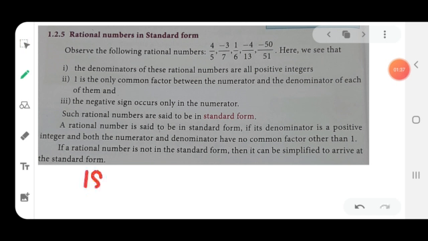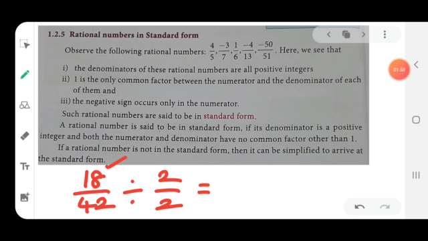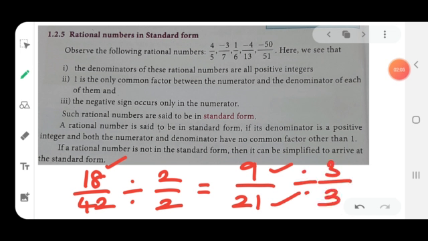We will take 18 by 42. We can divide by 2. It is not in standard form because for 18 and 42 we have 2 as a common factor. So we have to divide by 2. So we will get 18 by 2, 9, 42 by 2, 21. Now again it is not in standard form because for 9 and 21 we have common factor 3. So we have to cancel the common factor.